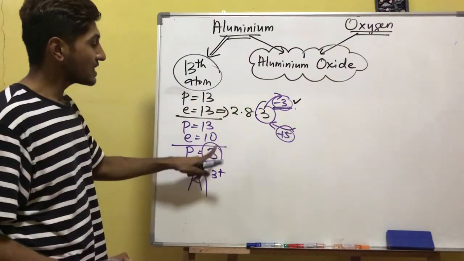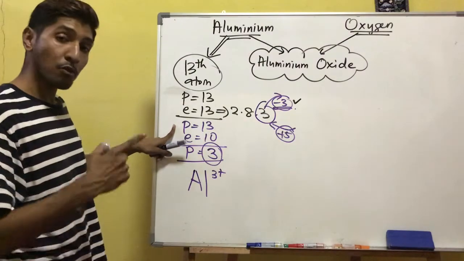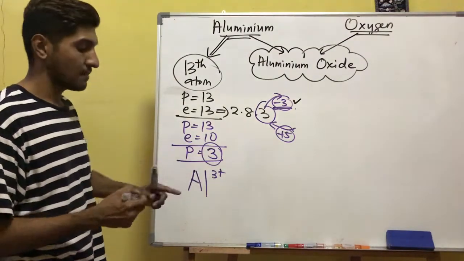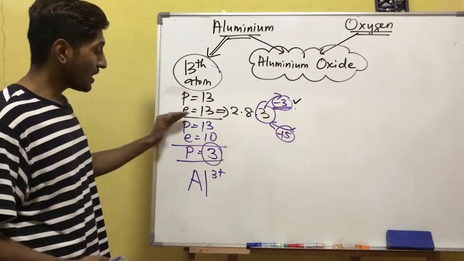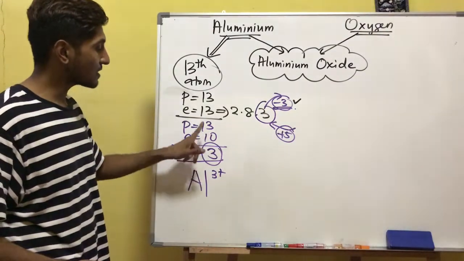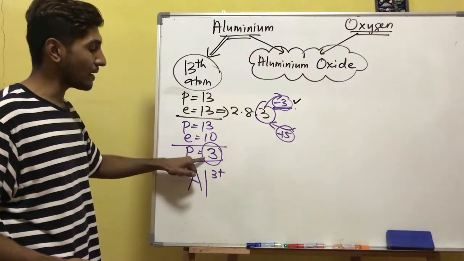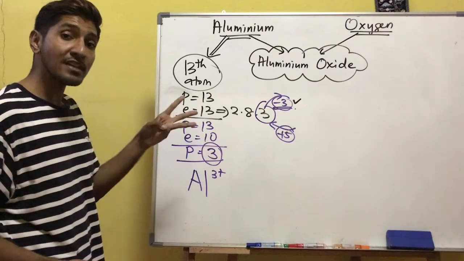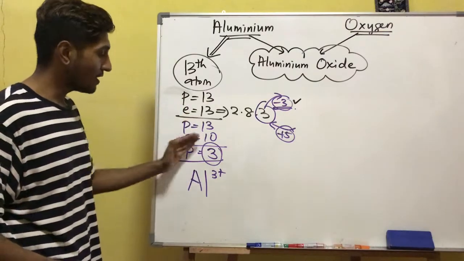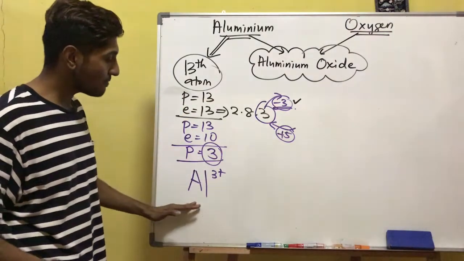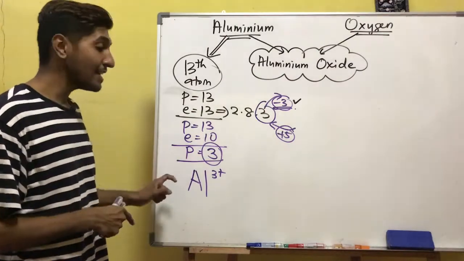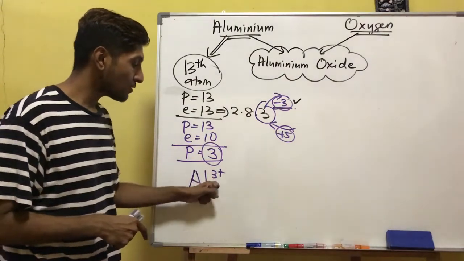Kenapa 3+? Sebab positifnya, protonnya berlebih 3. Faham? So now, why is it Al3+? Because the proton exceeds electron by 3. Therefore, we have 3 extra positive charge. Therefore, this ion, this aluminium ion, this cation is Al3+.